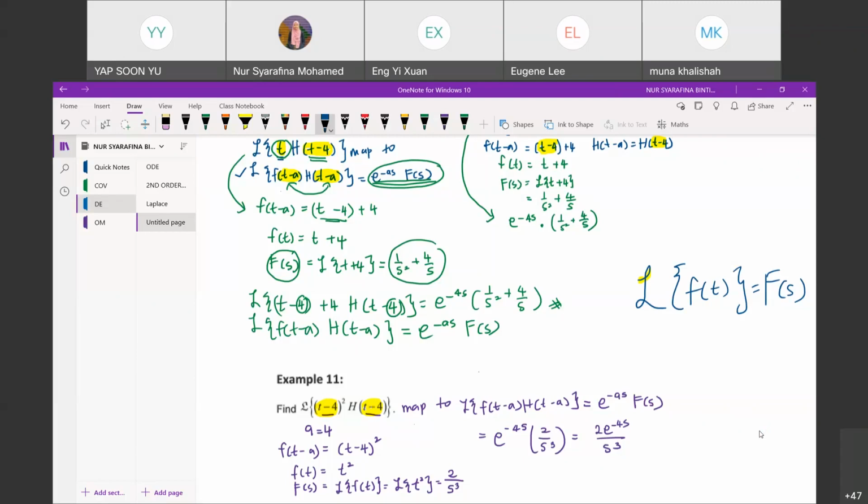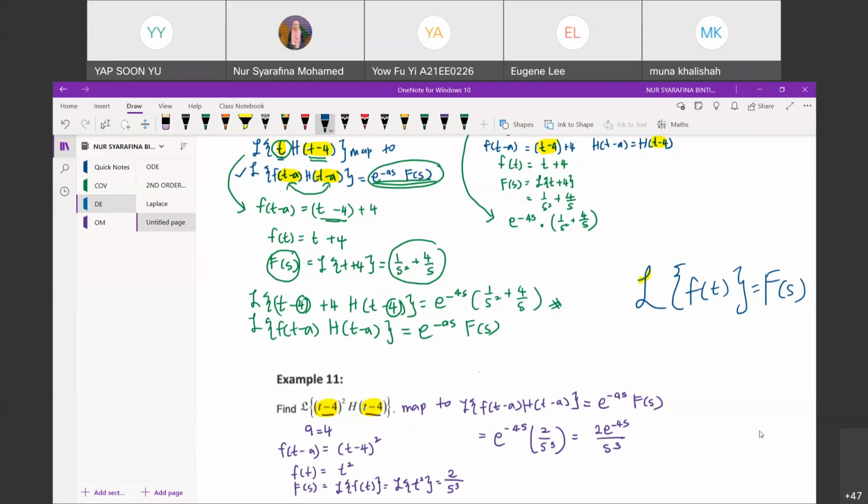What do you mean by the object f(t) is equal to the object f(t minus a)? Doctor, I asked because for example 11, the object for f(t minus a) is t minus 4.